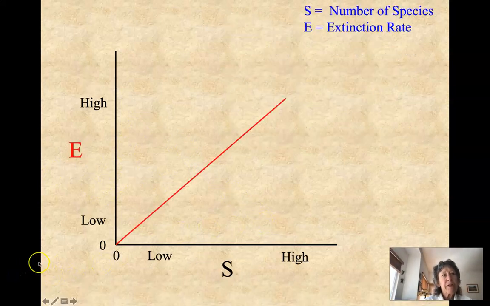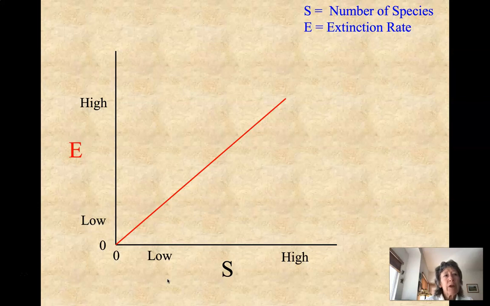This graph shows the relationship between the extinction rate and the number of species on the island. Notice when there are no species on the island, the extinction rate is zero because there's nothing to go extinct. As the number of species on the island increases, the extinction rate increases because the extinction rate is related to the carrying capacity.